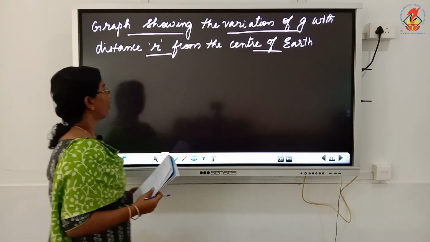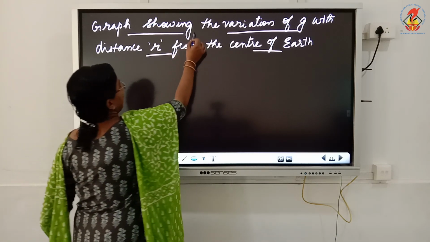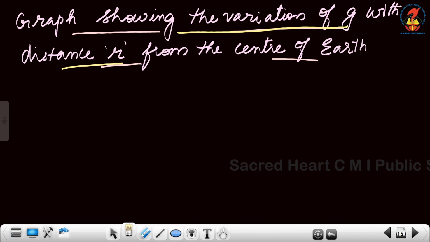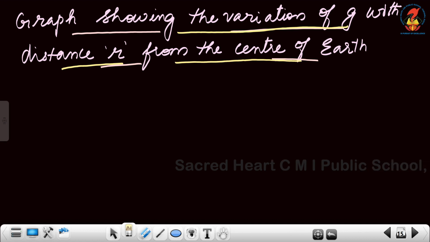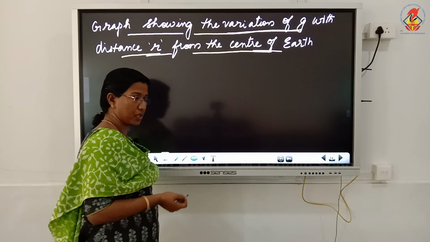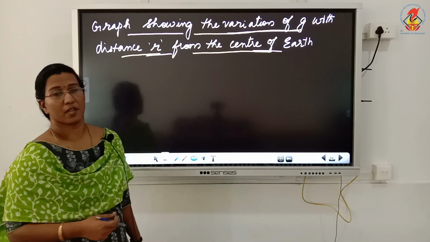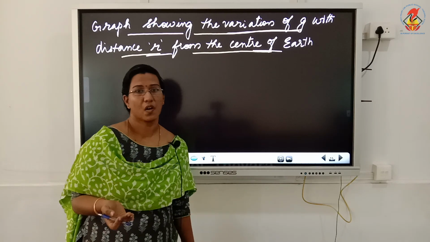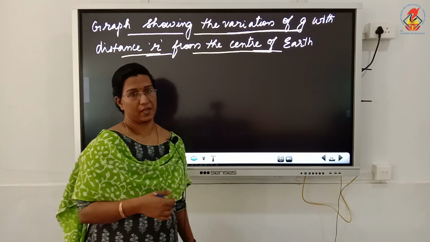Next, we are going to draw a graph showing the variation of g with respect to distance r, small letter r, from the center of the earth. We have derived the relations for the variation of g with respect to height and depth from the surface of the earth, and we are going to show it graphically.